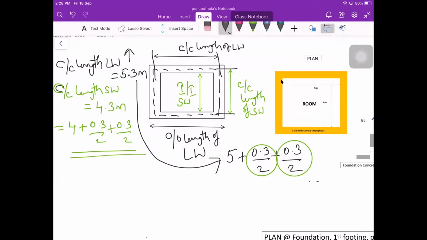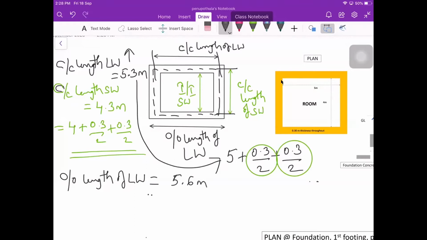Next, coming to the out to out length of the long wall. It is equal to 8.6. How did you get 8.6? Not 8.6, 5.6 meters.